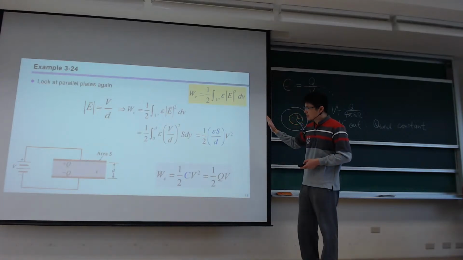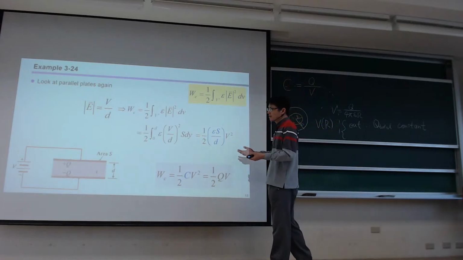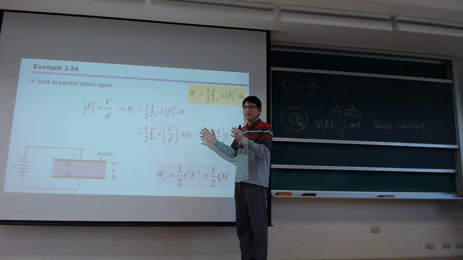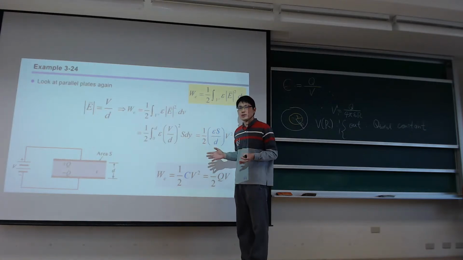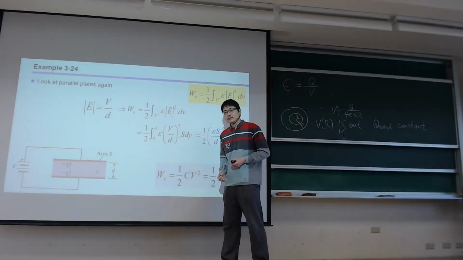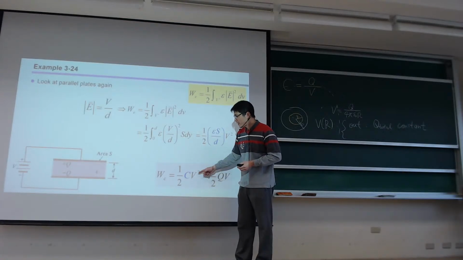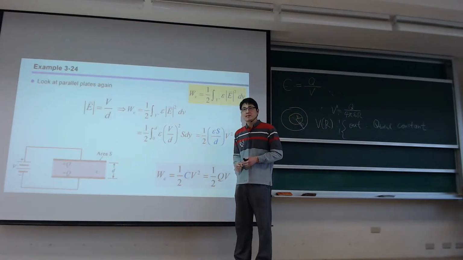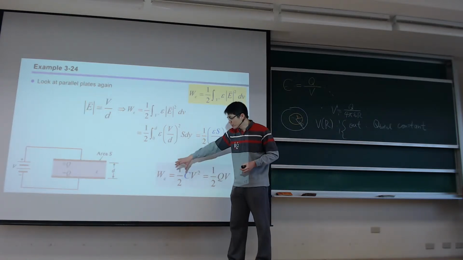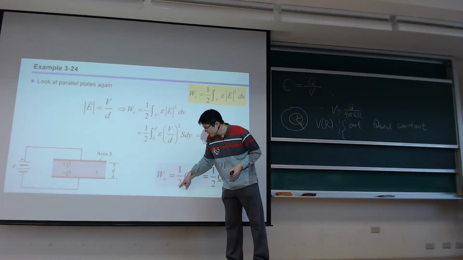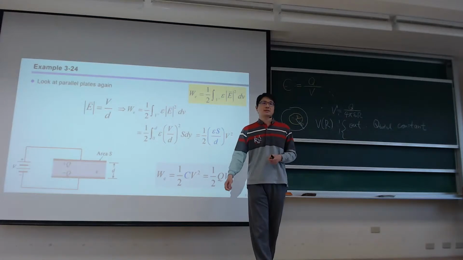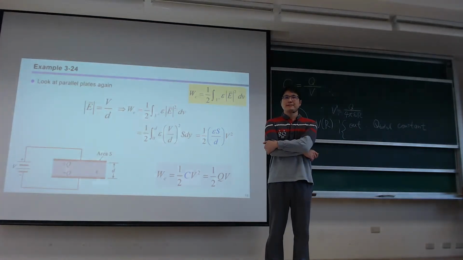This is a very simple example, but to convince you, for whatever system, whatever material, whatever geometry you use, the stored energy can be related to capacitance, right? So in the future, you take this energy multiplied by 2 divided by V squared, and you have the capacitance. Okay?